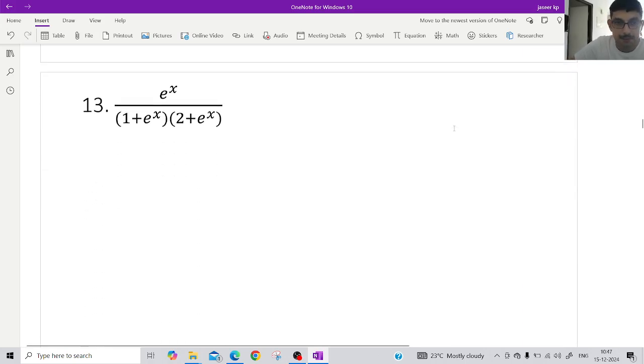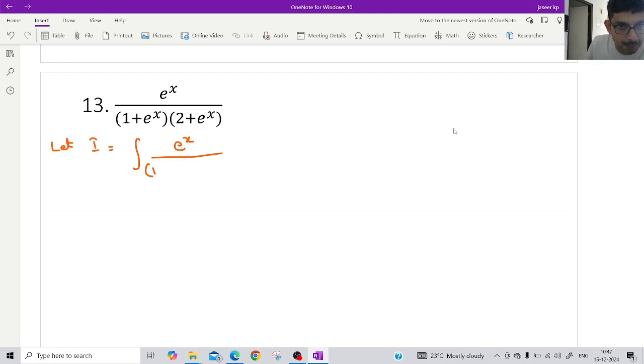Integral of e power x divided by (1 plus e power x) into (2 plus e power x). So let I equal the integral of e power x by (1 plus e power x)(2 plus e power x) dx.